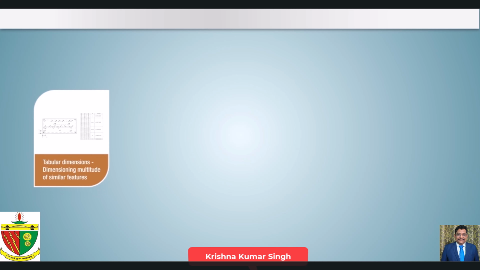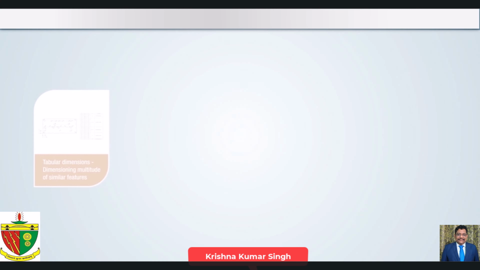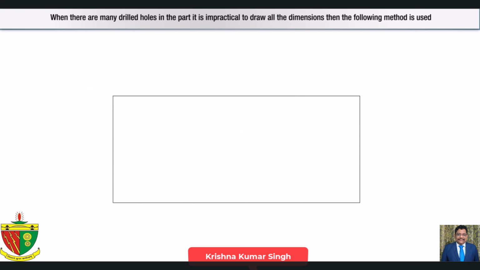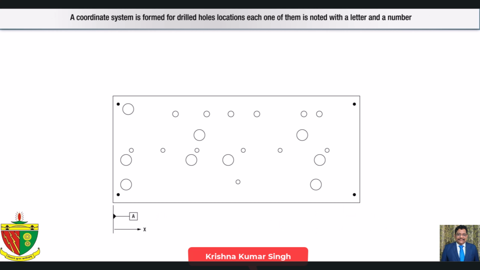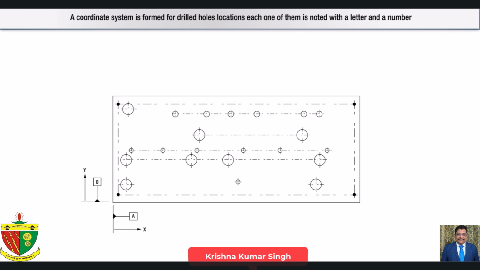Tabular dimensions, dimensioning a multitude of similar features. When there are many drilled holes in the part, it is impractical to draw all dimensions, so the following method is used. A coordinate system is defined for drill hole locations.